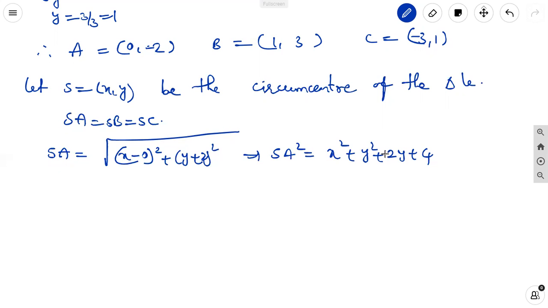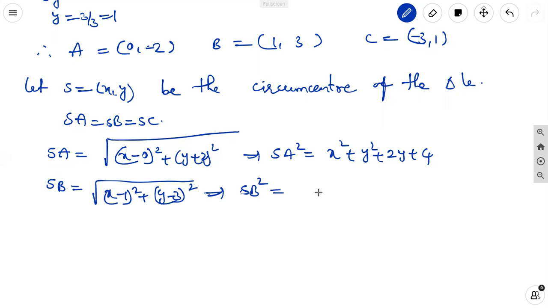Similarly, SB equal to under root of x minus 1 whole square plus y minus 3 whole square. From this, SB square equal to x square minus 2x plus 1 plus y square minus 6y plus 9.